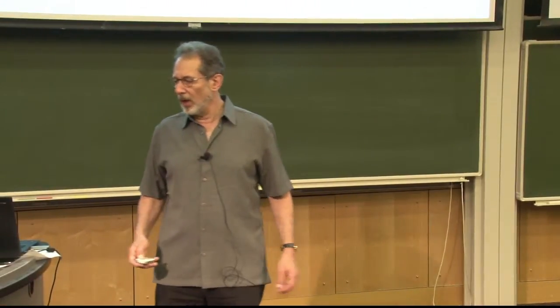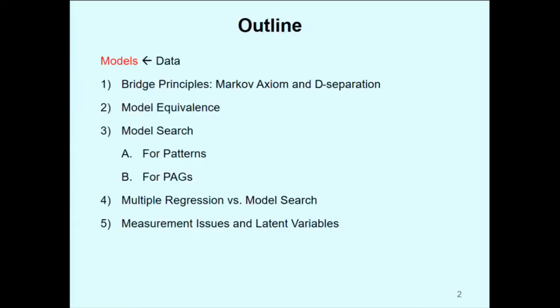Okay, so to give you an outline of what we're going to do, in the section that we're looking at, in which we start with data and then try to get to models, we covered bridge principles, d-separation, and the Markov axiom. And then we talked about model equivalence and how d-separation equivalence classes are really what we're searching for in these basic algorithms.